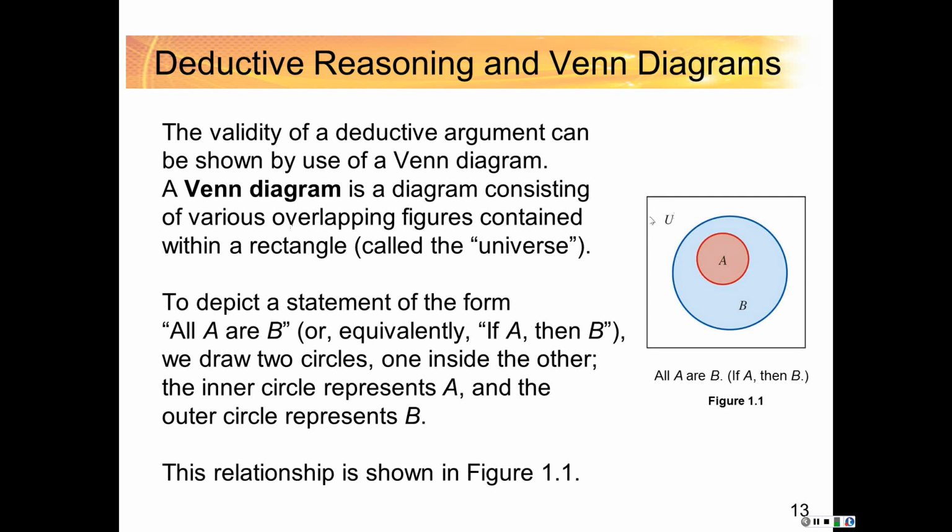So we say everything in the universe fits in this rectangle, and then inside the Venn diagram, we have all the elements in the universe that fit under B and all the elements in the universe that fit under A. If we have all A are B, you see all the elements inside A also have to be inside B. There's no escaping being inside B if you're inside A. So the statement all A are B, if A then B, we can draw 2 circles that look like this.